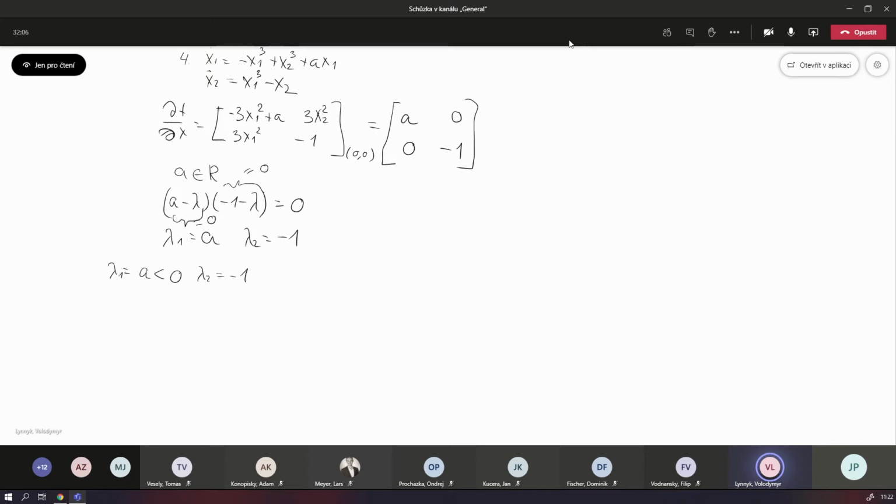It's asymptotically stable. Maybe we can say more about the stability of this equilibrium point.